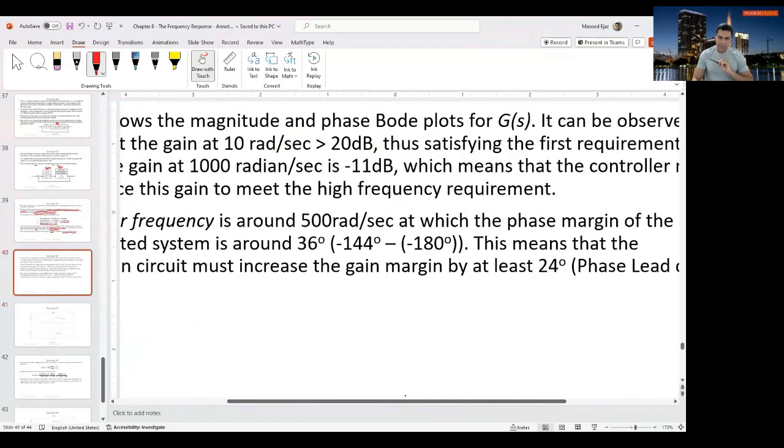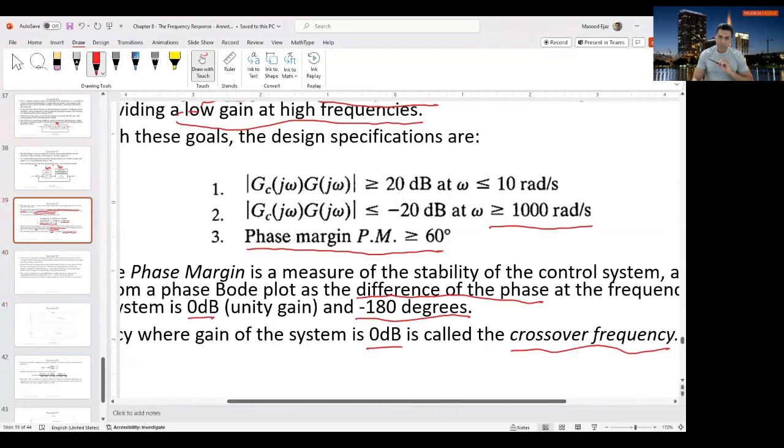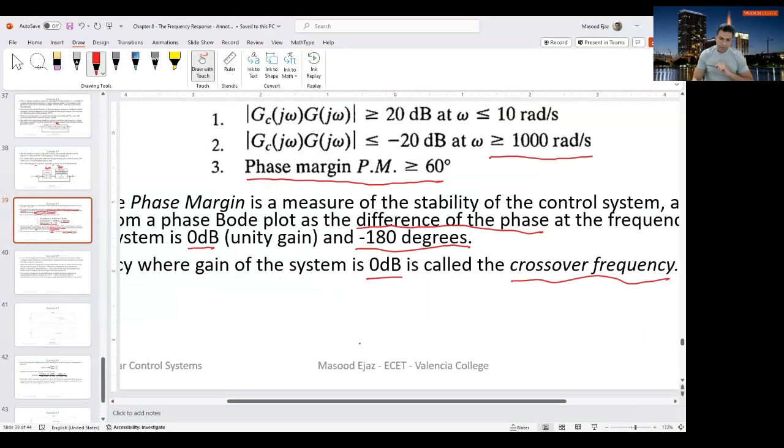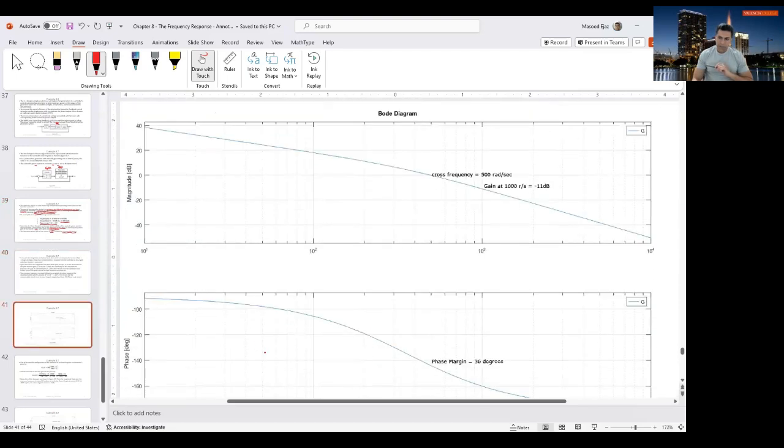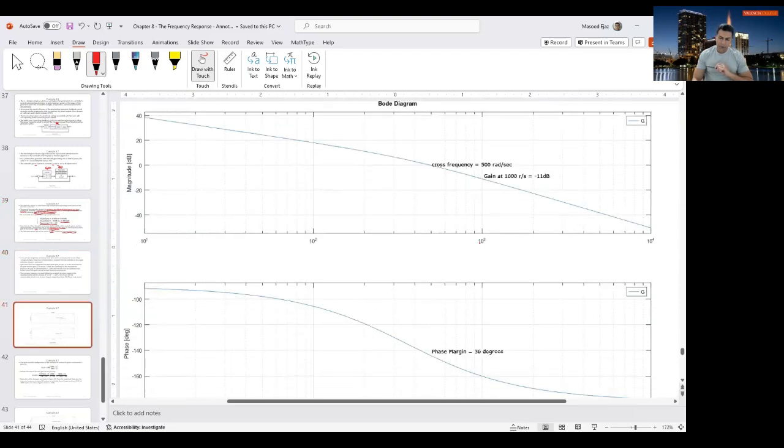So our first condition is pretty much getting satisfied. It is greater than 20 decibel at 10 radian per second. So you don't really need GC(j omega) for that. It's 1 right now. However, the other two conditions, first we're going to observe the crossover frequency. Or actually, first, let's see at 1000 radian per second, the value of gain is negative 11 decibel that I read from the graph.